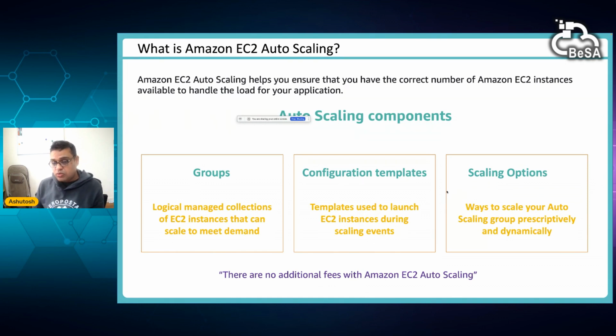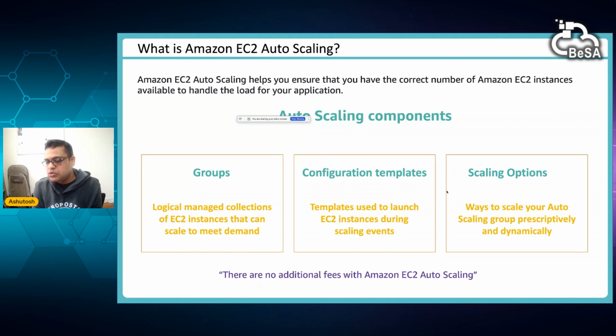Then, as you know, every EC2 instance needs some minimum components when you launch it. It needs an operating system, which we call an AMI, Amazon Machine Image. It needs some sort of hard disk, which we call EBS, so there should be a boot volume attached to it.